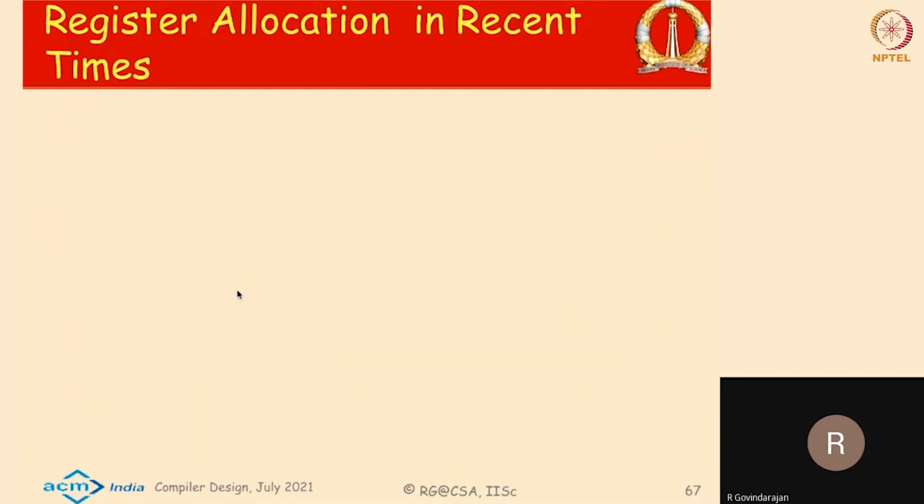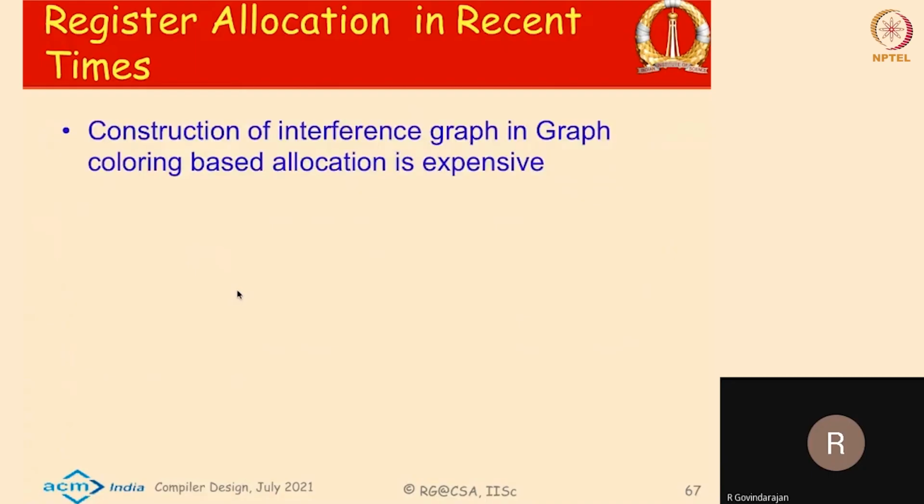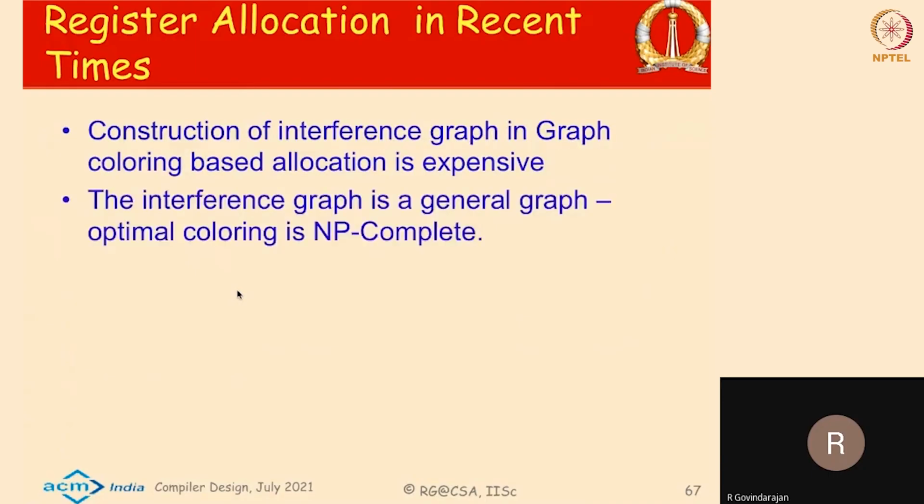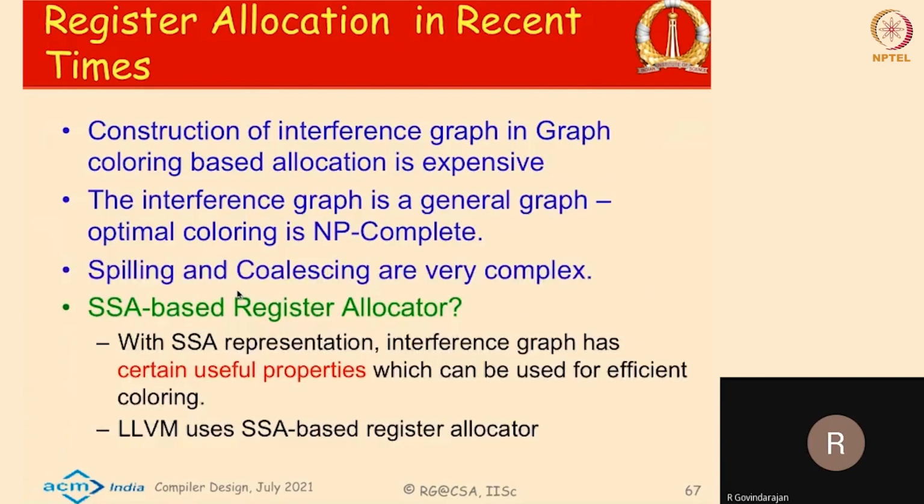The other thing that I talked about is what is called the static single assignment form. And the static single assignment form essentially gives you certain properties which make things a lot easier to do, right? Again, I will very briefly mention that LLVM uses this SSA form and does register allocation using that, and uses certain properties of the SSA program, right?